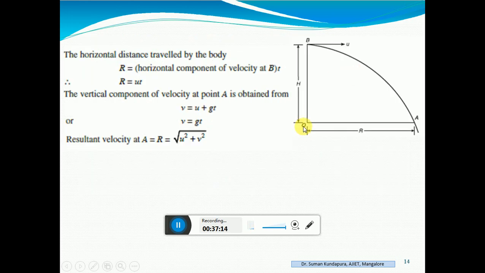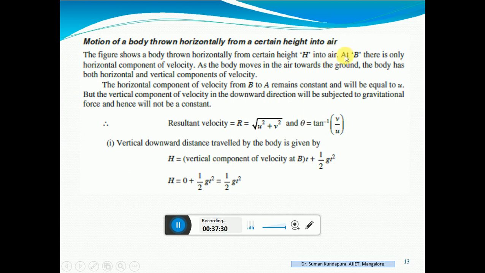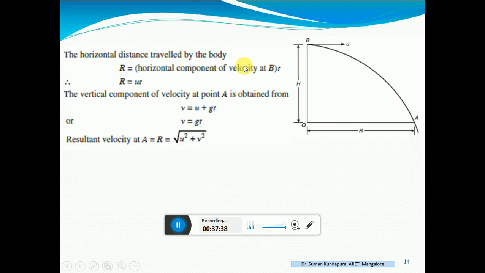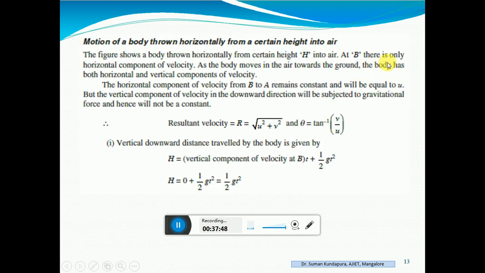That is, if you are throwing something which is at a distance of h from the ground, you are throwing some object from this point, there is a horizontal component here, and at B there is only the horizontal component of velocity, and as it moves downwards towards the ground, there is also the vertical component because of the influence of the gravity.